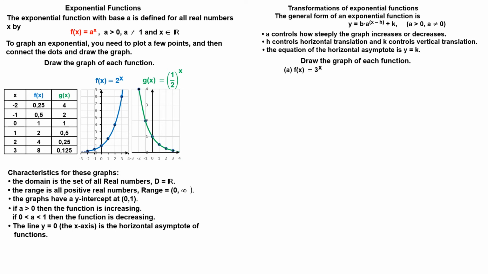Let's graph the function 3 to the power of x. The asymptote is the line y equals 0, or the x-axis.